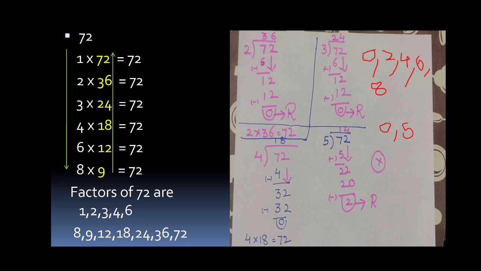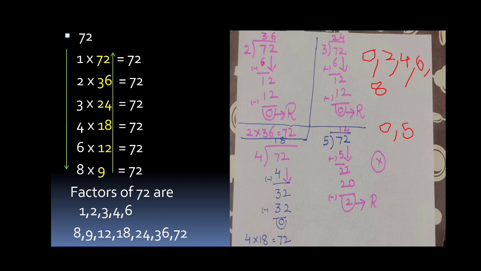I have tried 5 also, but if I do the division by 5, I get the remainder as 2. That means 72 is not divisible by 5. If you know the divisibility rules, there is no need of doing all this division. If we don't know the divisibility rules, then we have to do the division to say whether it is a factor or not.